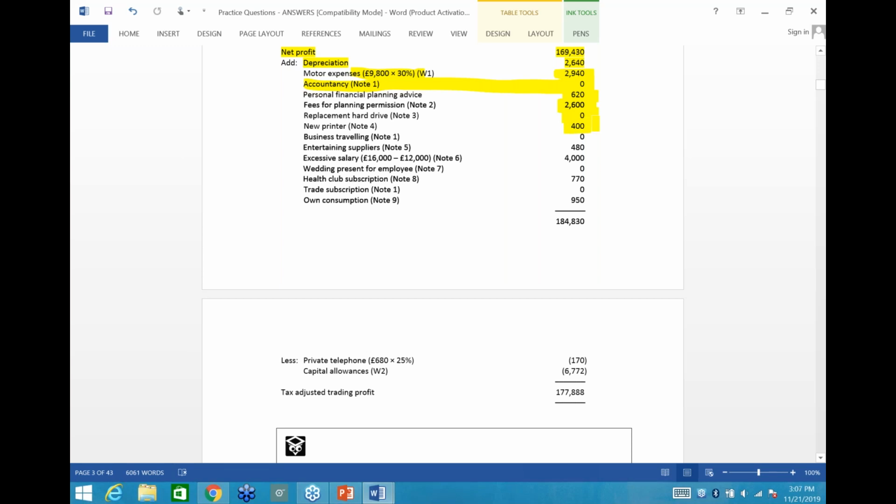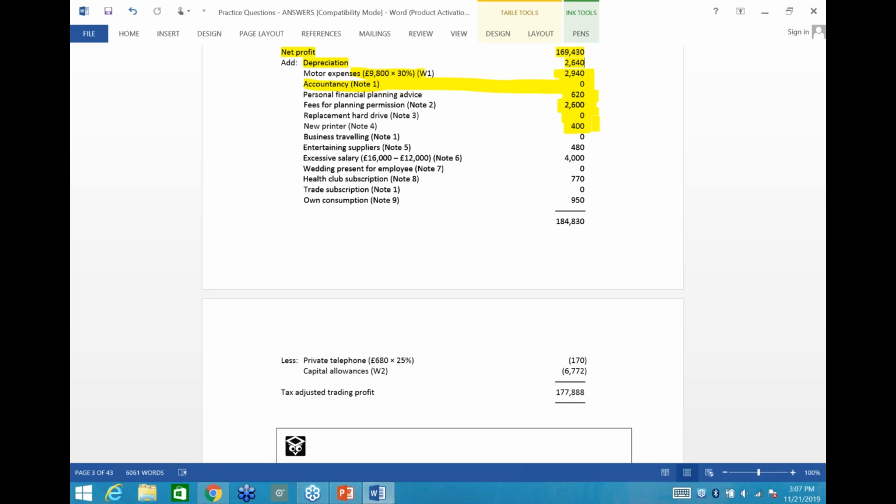Right. Then we'll look at the next item given in the question, traveling and entertaining. Note number 4. It says the figure for traveling and entertaining consists of 4,150 for Tony's business traveling expenses and 480 for entertaining suppliers.